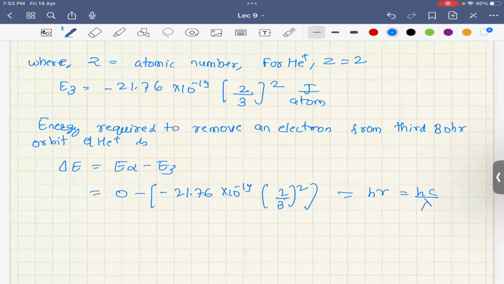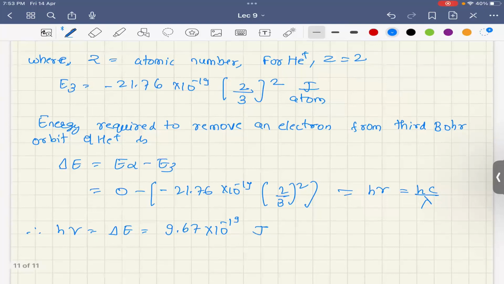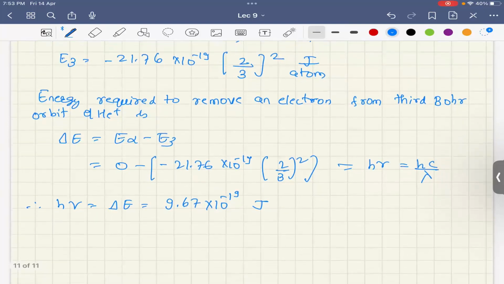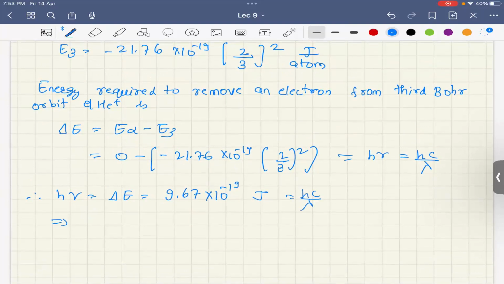Hence h nu, which is delta E, is 9.67 × 10^-19 joule. Hence lambda is hc by 9.67 × 10^-19.